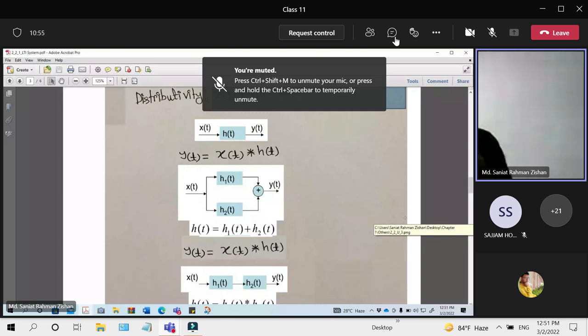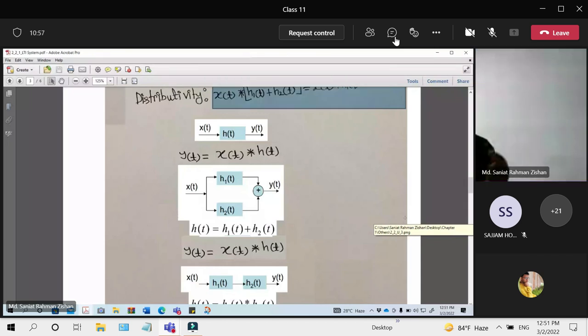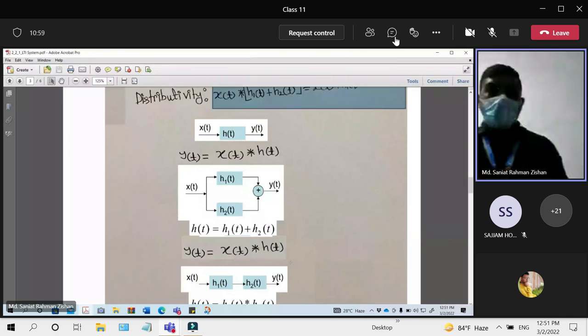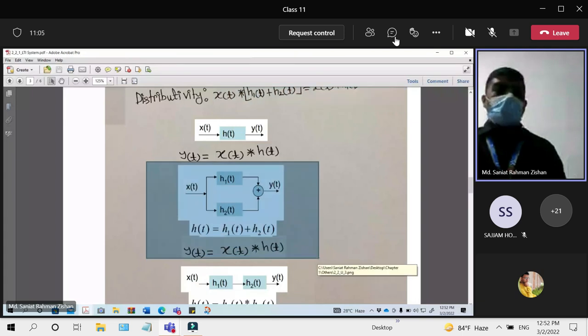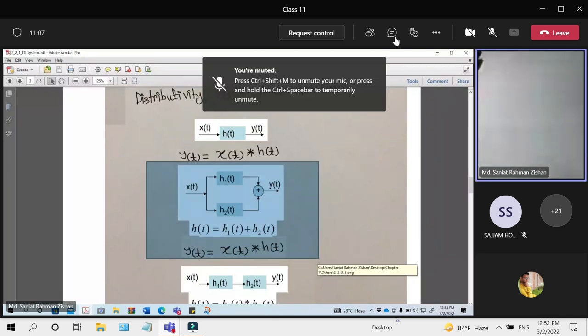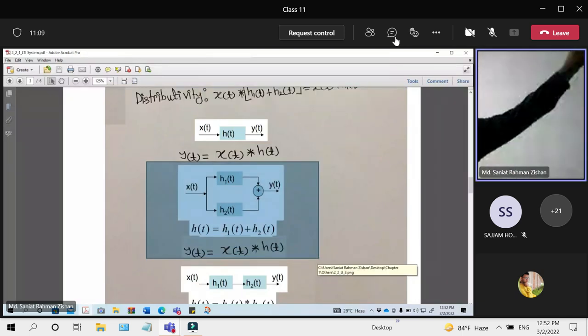Now there may be different combinations of h(t). For example, in the next diagram, you can see there are two systems, h1(t) and h2(t). So what is the meaning?